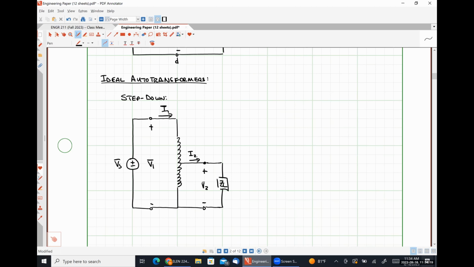To make things easier for us to analyze, we are going to treat this thing as if it were a pair of coupled coils, right? And sorry, let me put something here where the total number of coils for this thing is n.